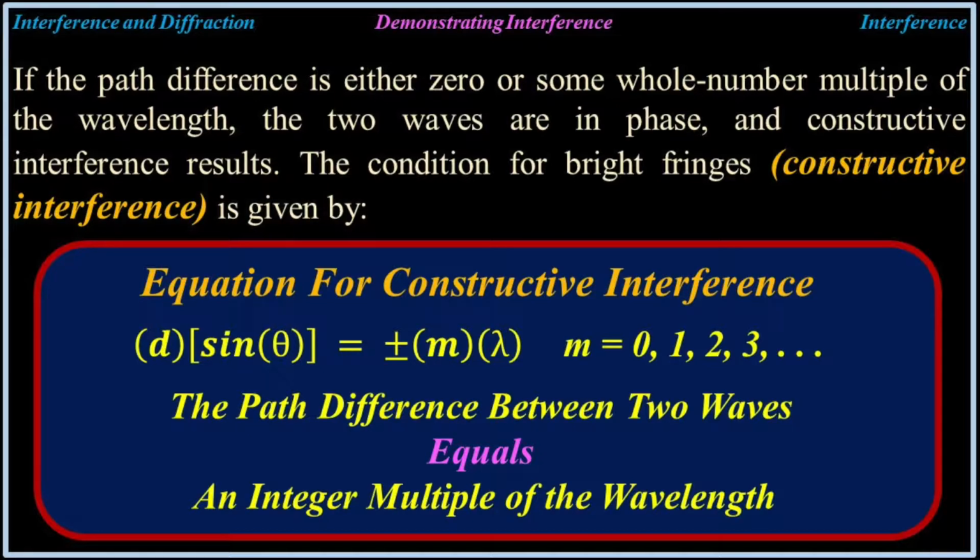The condition for bright fringes, constructive interference, is given by d sine theta equals plus or minus m lambda, where m equals 0, 1, 2, 3, etc. The path difference between two waves equals an integer multiple of the wavelength.